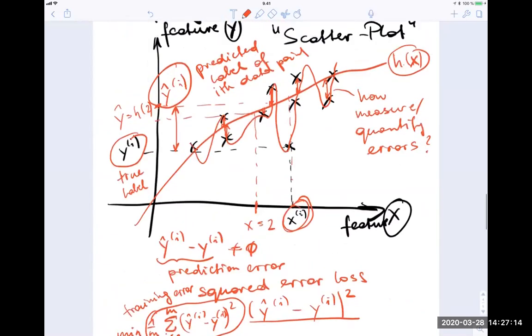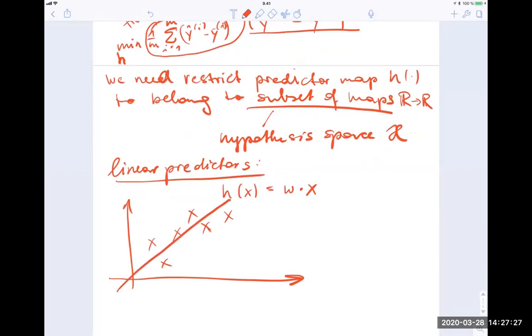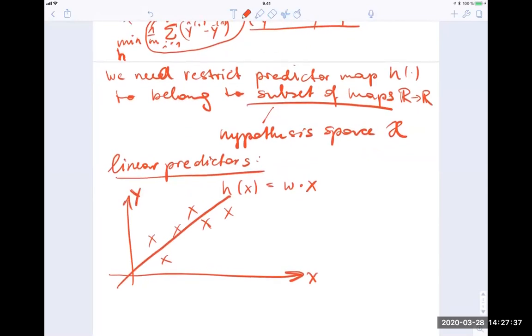With a linear predictor, we can represent, let's have a new plot here, some labeled data points, and the linear predictor can represent only predictor maps that end up as a linear curve in this plane spanned by the features and label values. So we only can change the weight here, which is essentially the slope. So we can change the slope of the curve, but nothing else.